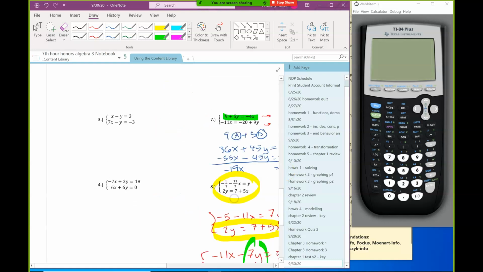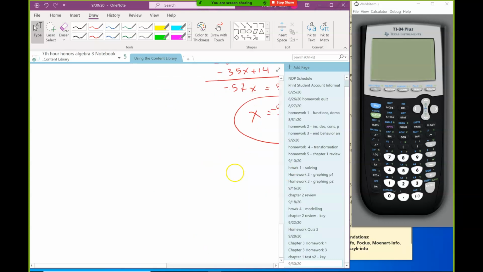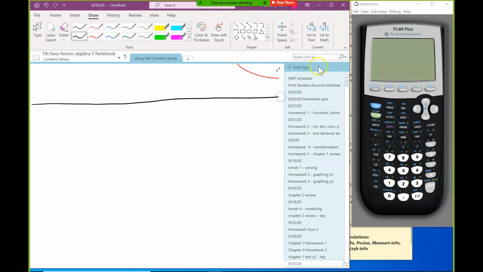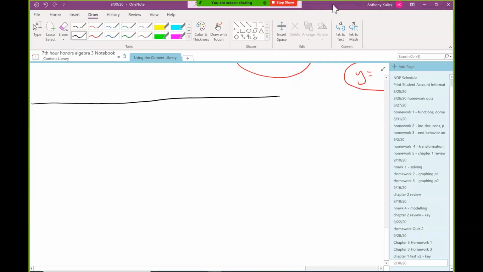So today we're going to do two things. Get rid of that calculator. We're going to solve systems of linear inequalities.